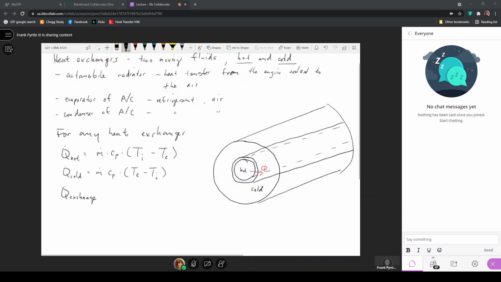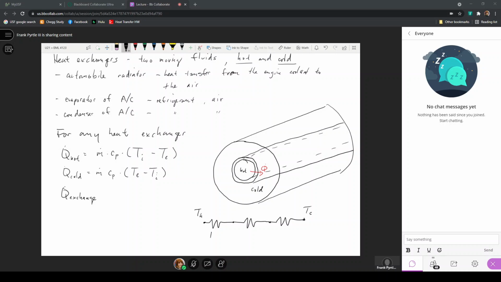So if we were to construct a resistance network, there would be three resistances here. Here we'd have the temperature of the hot fluid and the temperature of the cold fluid.